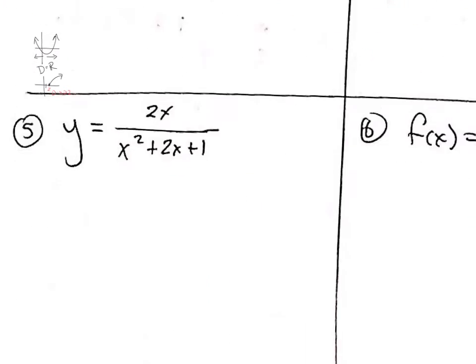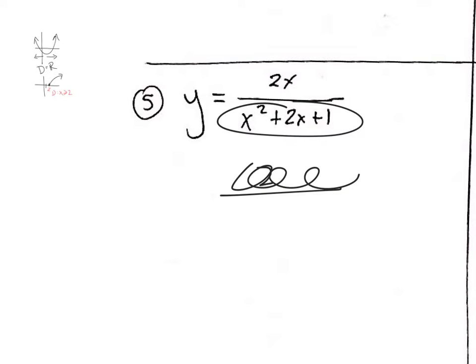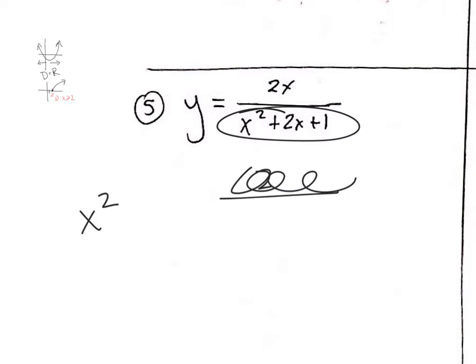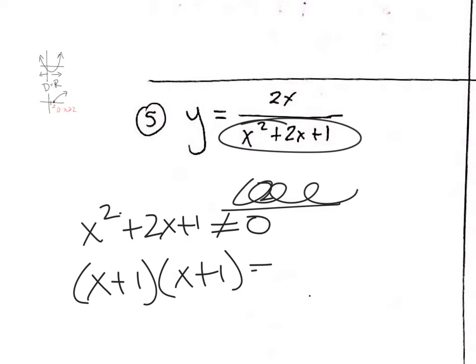All right, and let's take a look at this. So I think this is not factorable. So we're looking at this, and again, this cannot equal 0. So we have x squared plus 2x plus 1 cannot equal 0. So if we try to factor this, oh, maybe this does work. x plus 1 times x plus 1, that's actually looking good as a factorable thing.